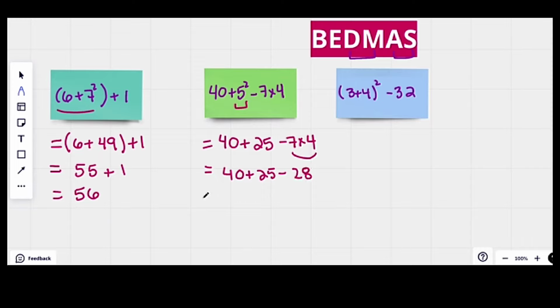Okay. And we come to the next line. We said that when we're dealing with addition and subtraction, we have to do it the way that it follows, from left to right. So 40 plus 25 equals 65. Okay? So we bring our 65 and we take away our 28 right here.